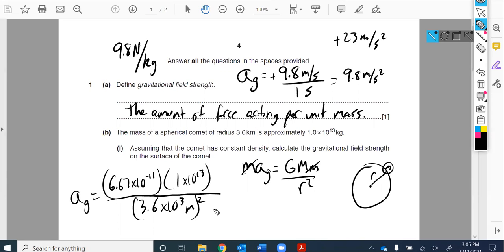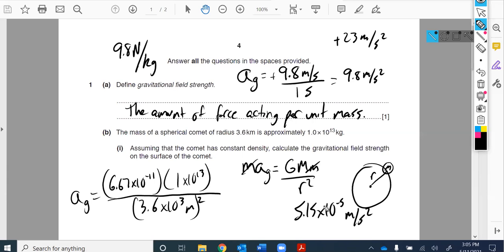6.67 by 10 to the negative 11 times 1 by 10 to the 13 divided by 3,600 squared gives 5.15 by 10 to the negative 5 meters per second squared, or newtons per kilogram.